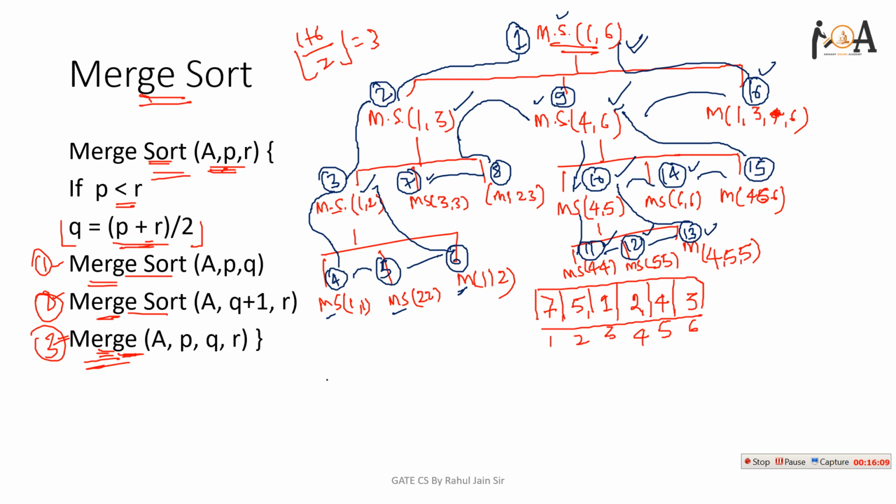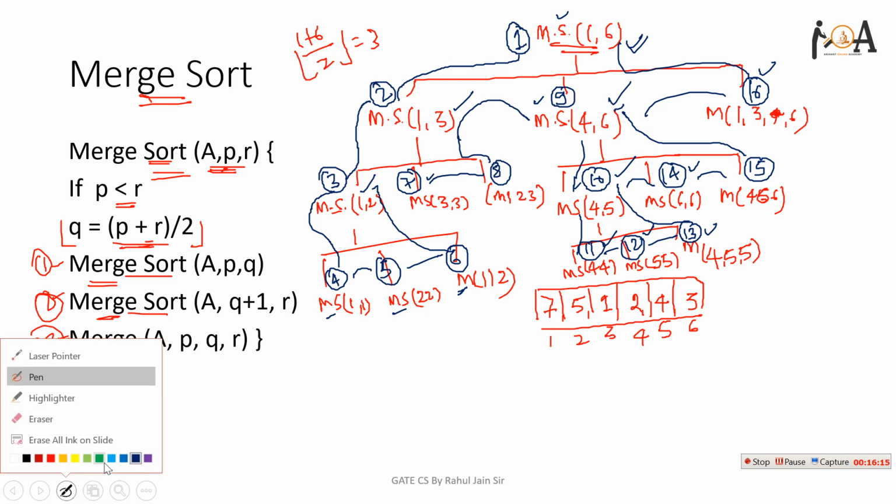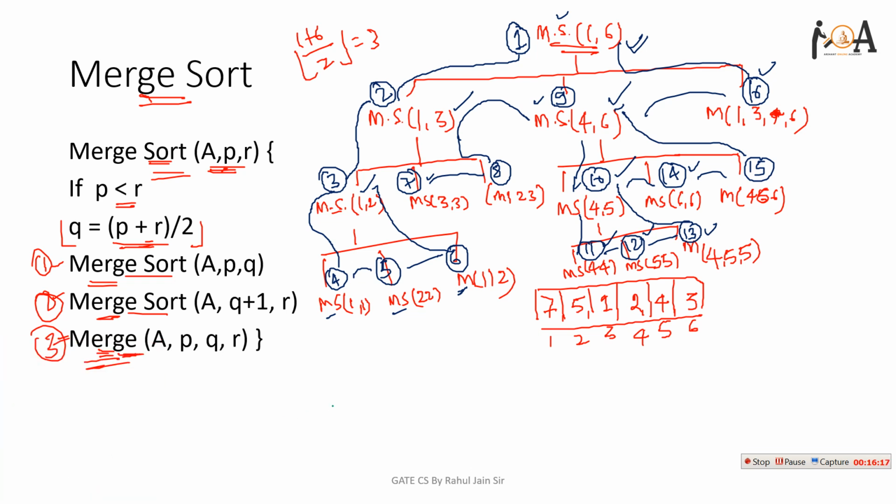Okay guys, let me change the color of the pen again so that you can understand it well. Now let's understand it with the help of a stack. This is our stack. The first time function 1 is called, so the activation record of the first function will be stored in the stack.